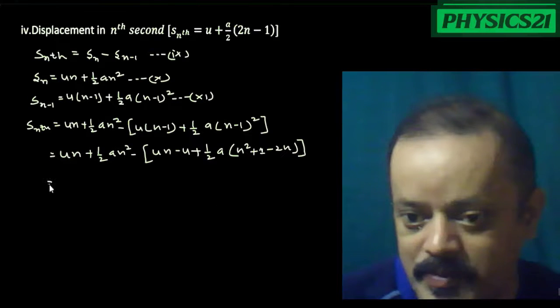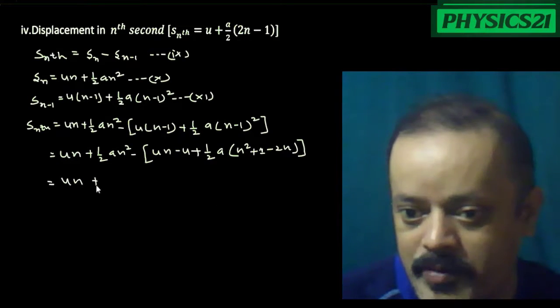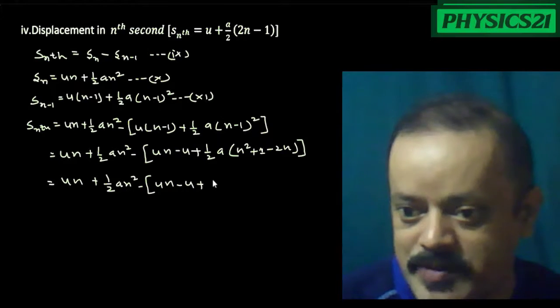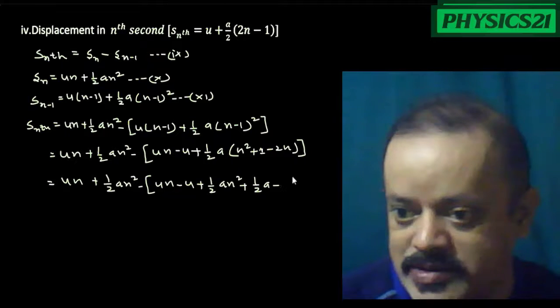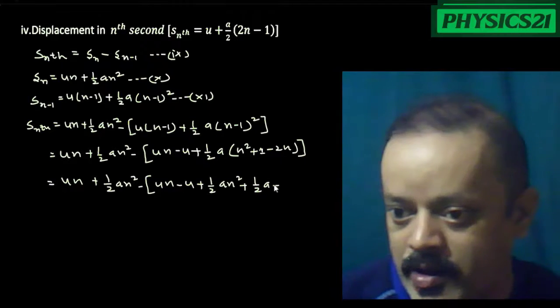The next step, un plus 1 by 2 an square minus un minus u plus 1 by 2 an square plus 1 by 2 a minus an.